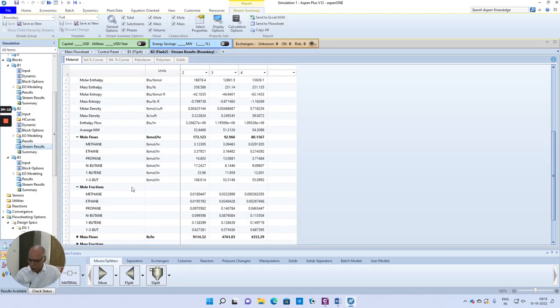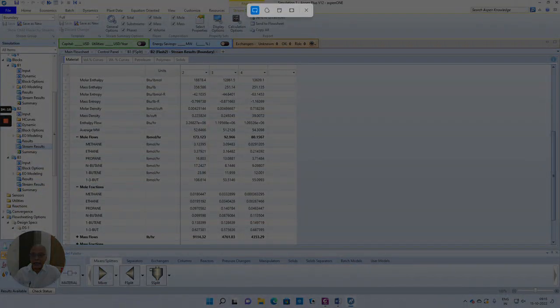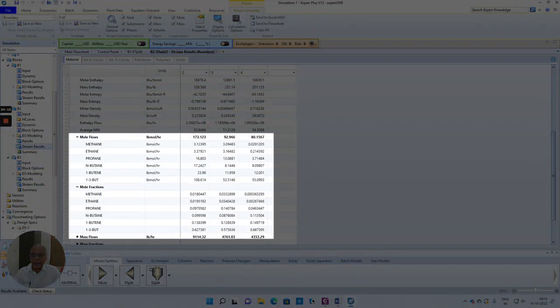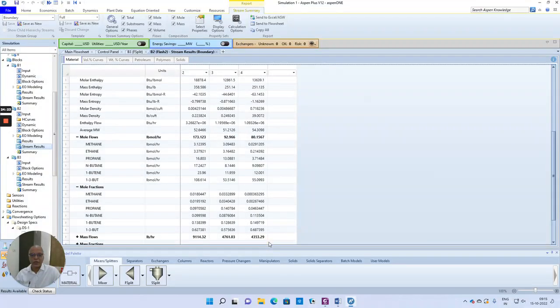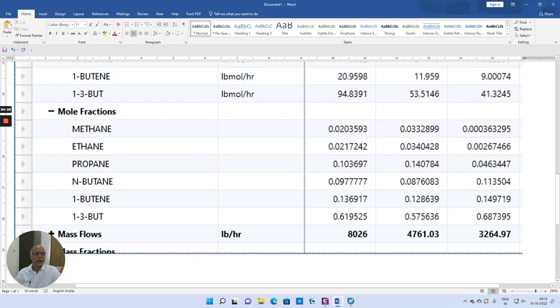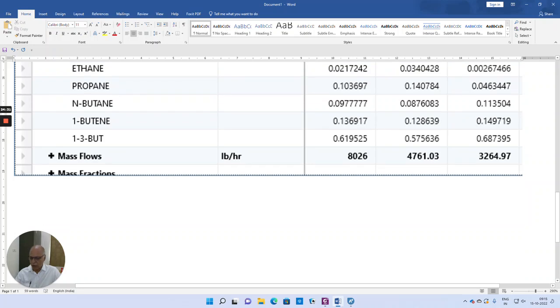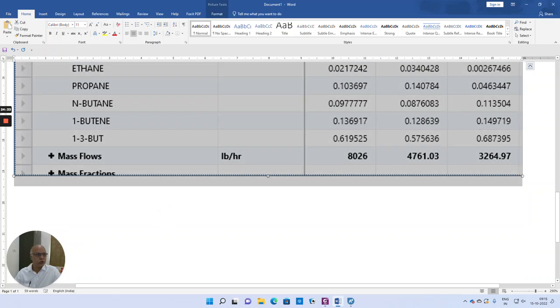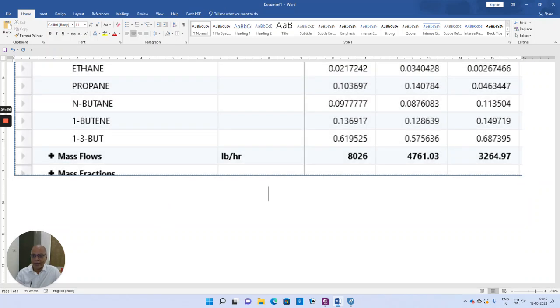Would you expect some kind of change in composition, change in flow? What do you think will be the effect of this recycle? We already have the previous results. These are the flows and these are the mole fractions. Now let me copy this new data with 25% recycle.